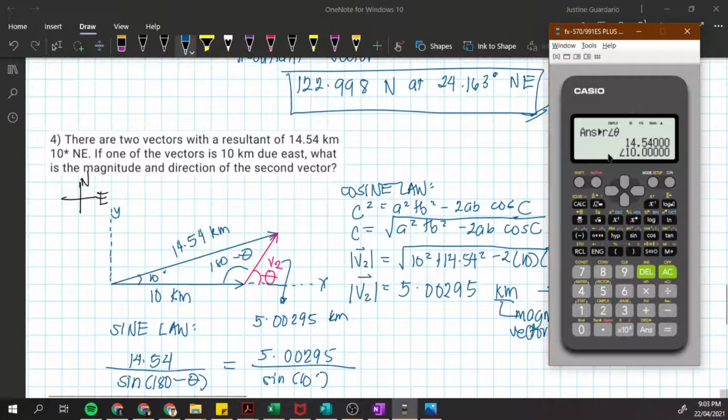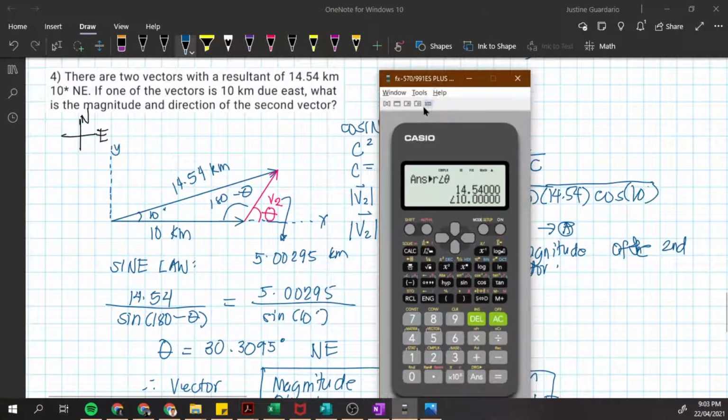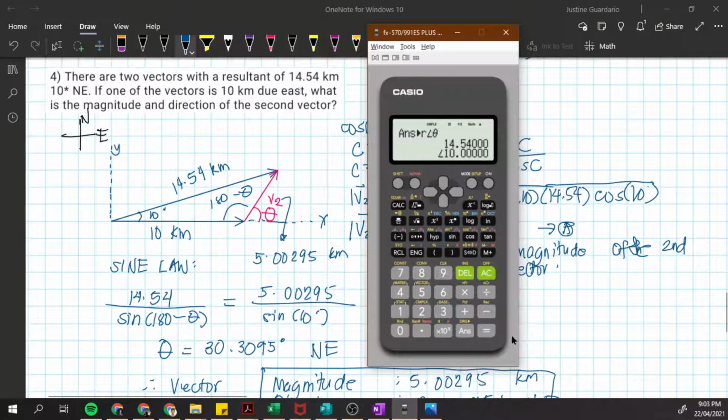We can also utilize this complex mode to subtract vectors. For example, we have a resultant vector 14.54 angle 10 degrees north of east. Basically, this is how it looks. We subtract our first vector, 10 at angle due east, so 0 degrees. Then equal.